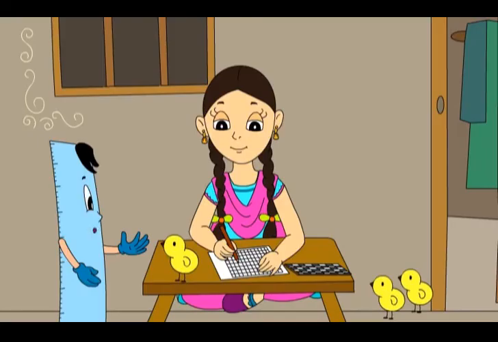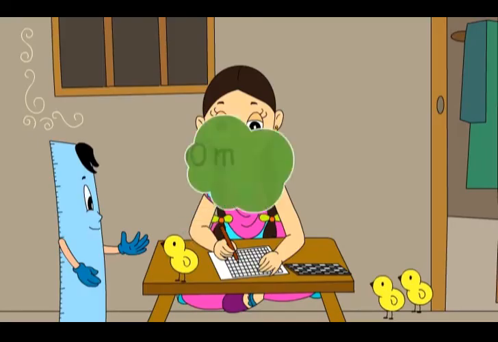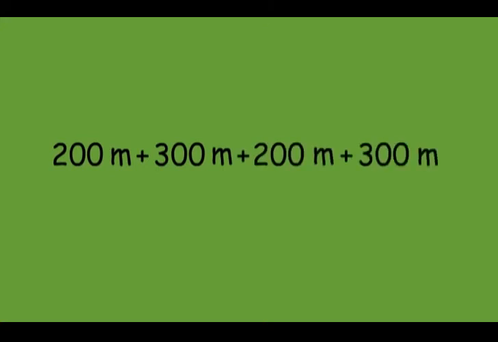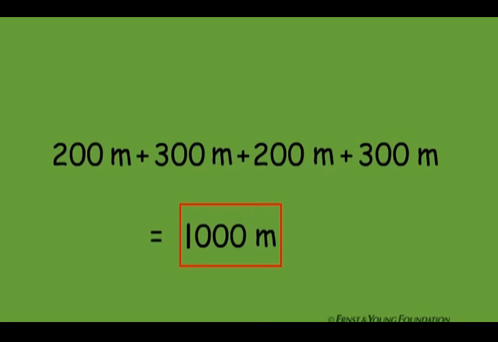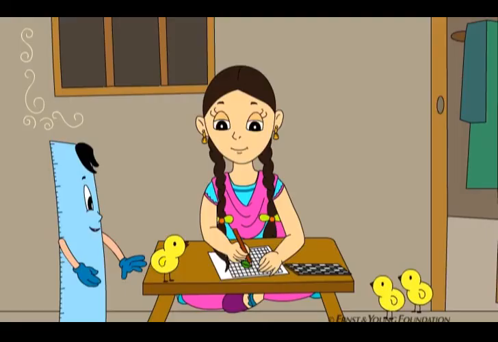Let me add this also. 200 meters plus 300 meters plus 200 meters plus 300 meters. Oh, this is also 1000 meters. Meenu, the other side is also 1000 meters. That's right. Both sides were the same.